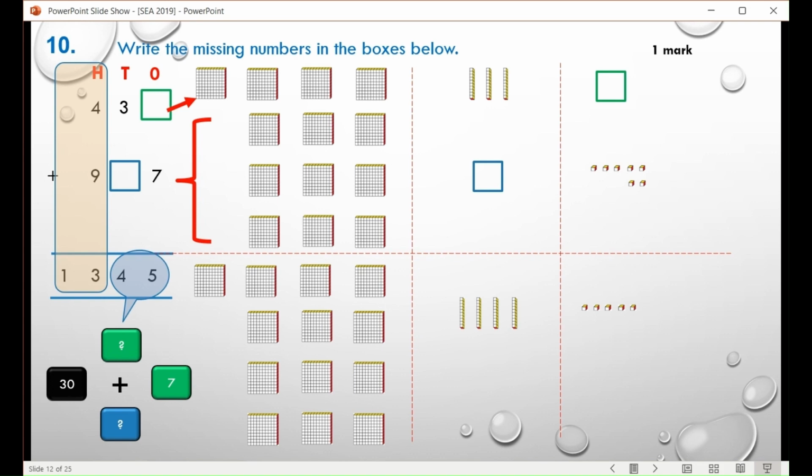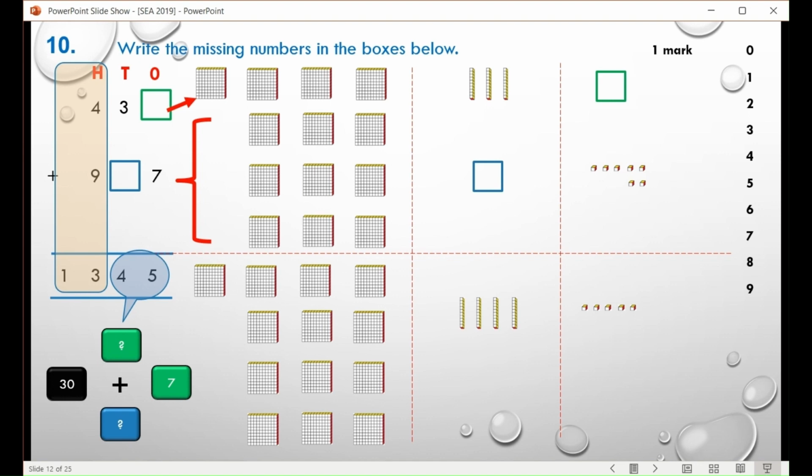So the question has now come down to a question dealing with ones and tens. We have 3 tens and some amount of ones in the green box. We don't know how many tens in the blue box, and 5 ones will give us 45. 4 tens and 5 ones. So let's think about what's happening in the ones column. What number can we put in there? Can we put 0, 1, 2, 3, 4, 5, 6, 7, 8, 9? One of those digits is going to fit in there.